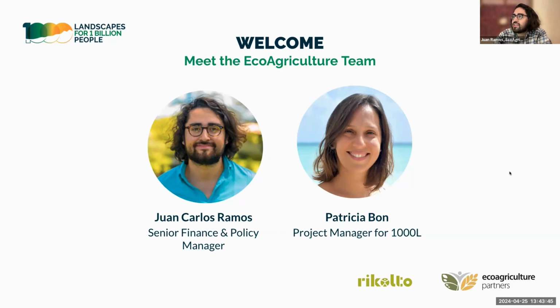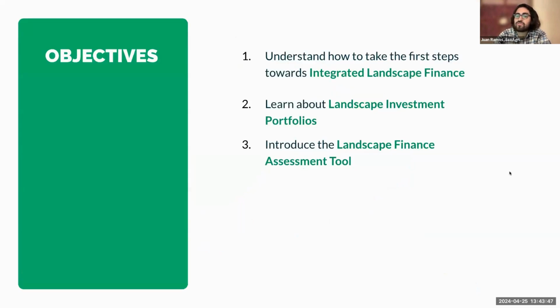So yeah, let's dive into a bit of the agenda for today. The first bit is going to be basically, as Patricia was saying, doing a recap of everything integrated landscape finance, particularly the key components that Seth talked about. Make sure that we're all on the same page, that you've understood most of those key concepts.